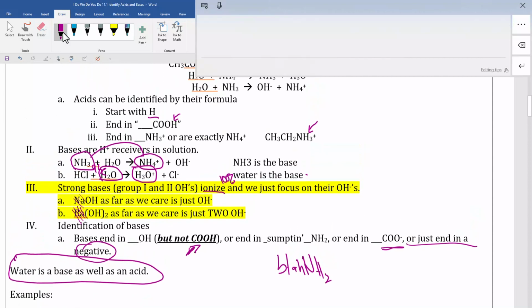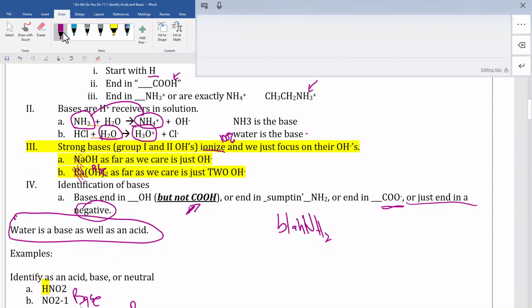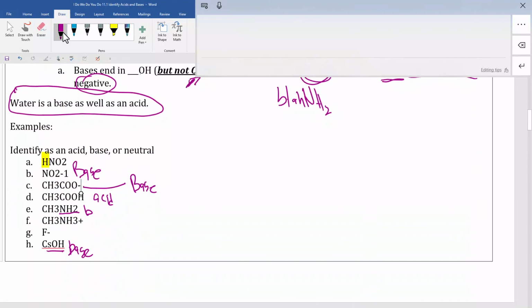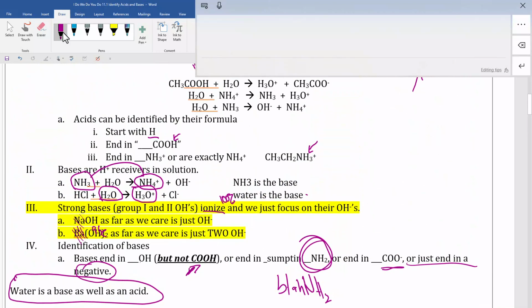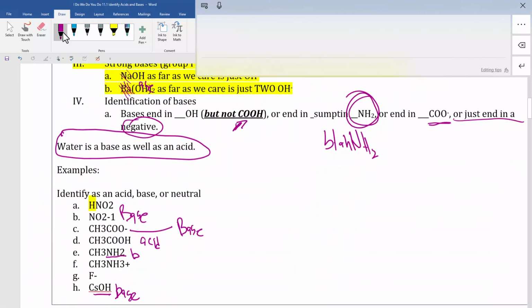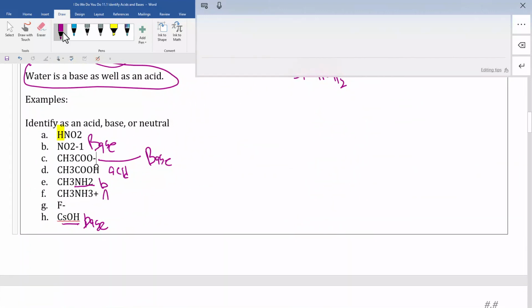Bases end in NH2. CH3NH3 positive: ending in something NH3 positive is an acid. If it ends in a negative, it's a base.